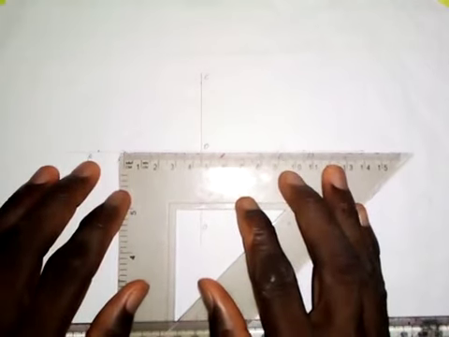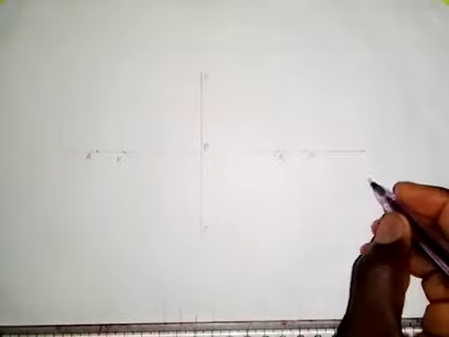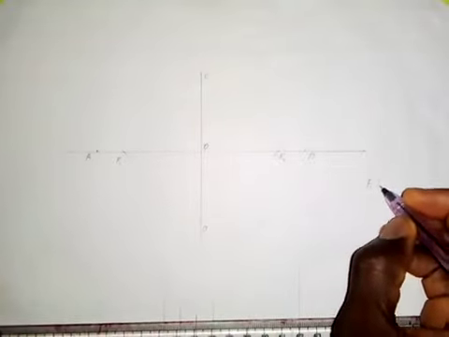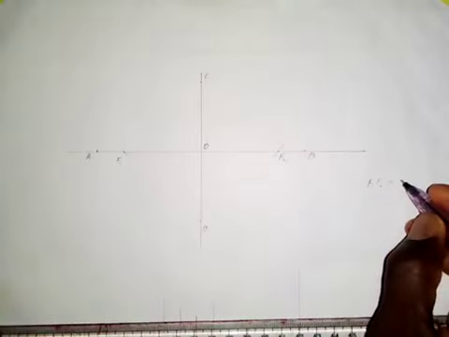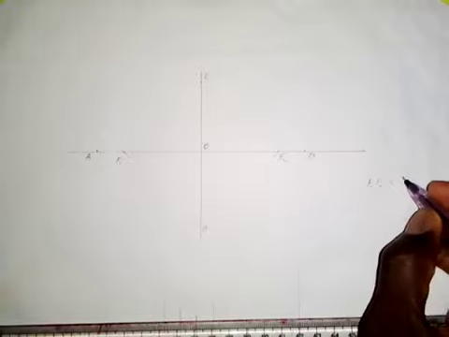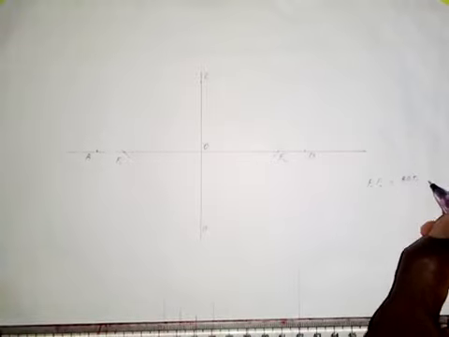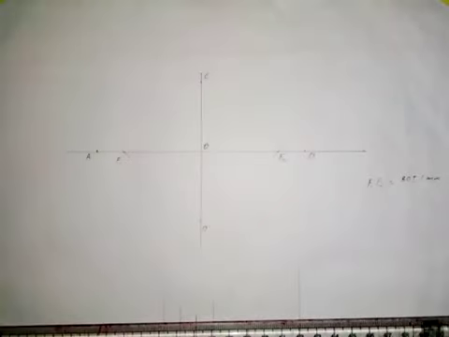Looking at what I have here, this is about 79 millimeters, but this is how you have to state it: F1F2 is equal to 80 plus or minus 1 millimeter. So I'll just leave it like that.